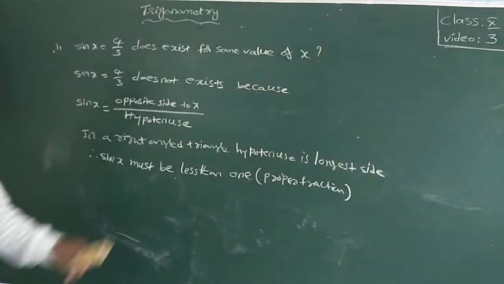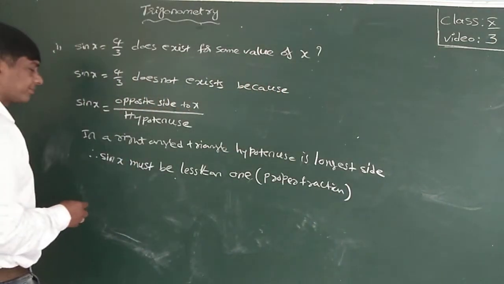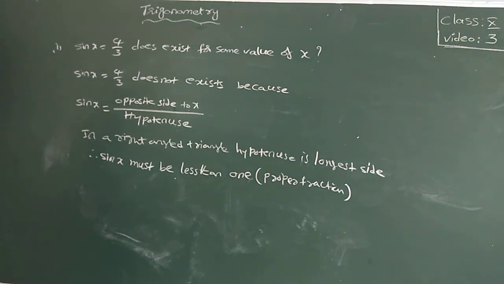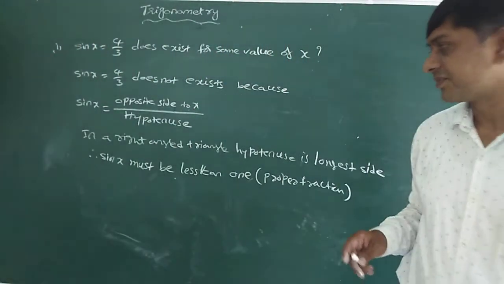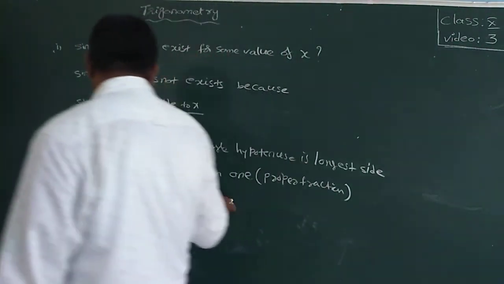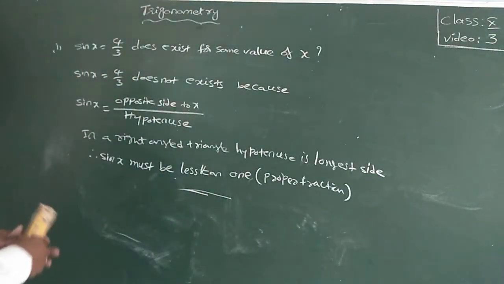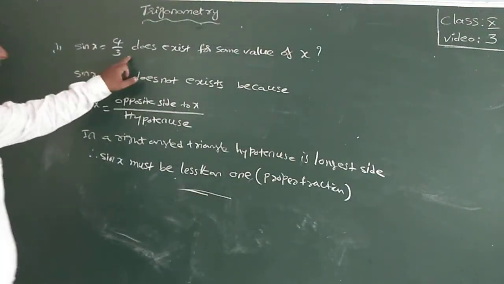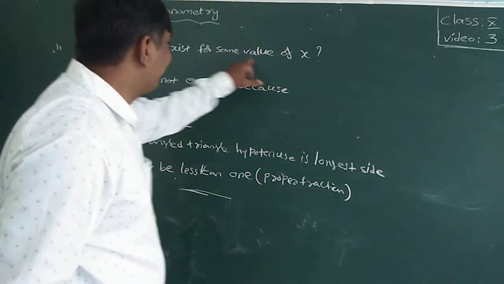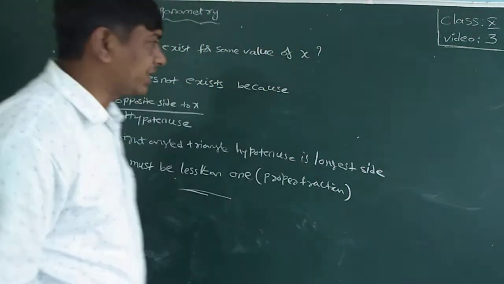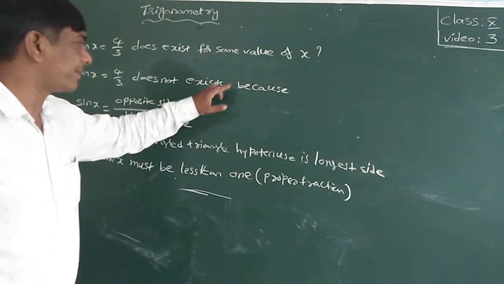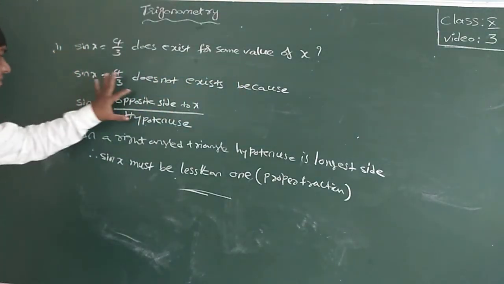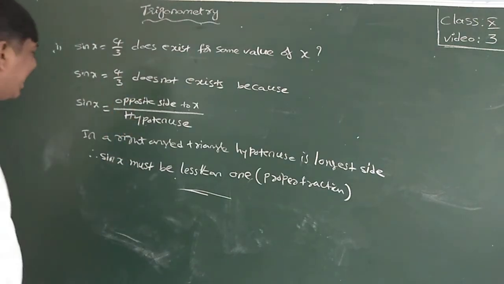Whereas sin x given is an improper fraction, 4 by 3. It is more than 1. So it does not exist. Sin x is equal to 4 by 3 does not exist because sin x is the opposite side to x by the hypotenuse.